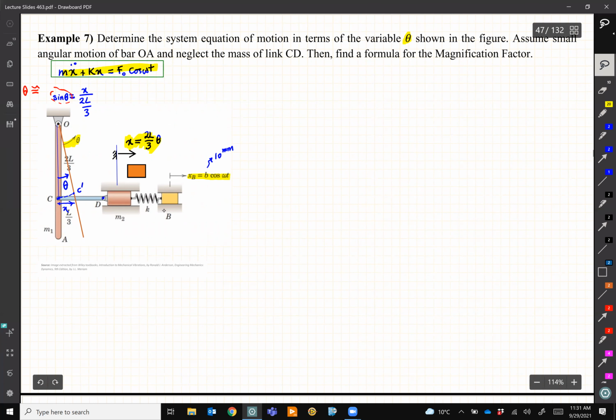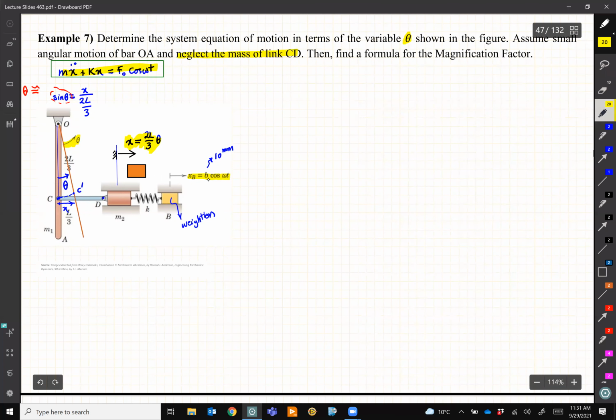We have M2, and then we have this B. If the question, like this one, doesn't mention at all the mass of B, it means it's weightless. If it says this B has this mass, it means we need to also consider its mass. It clearly stated that for this CD, we should neglect the mass.